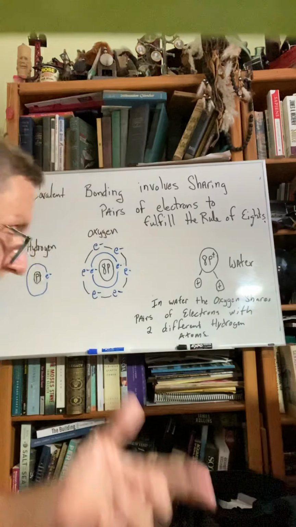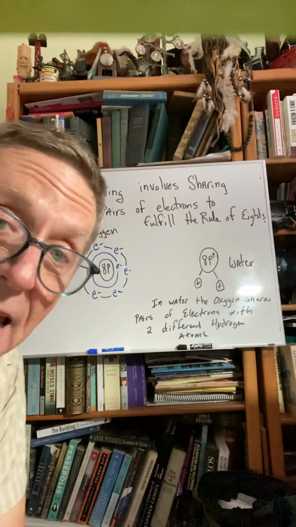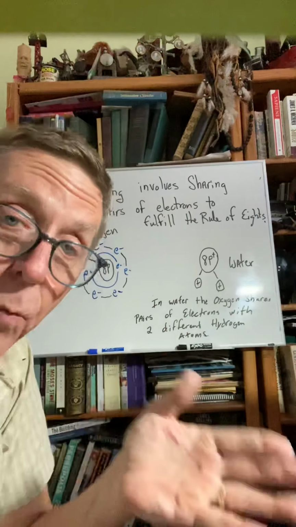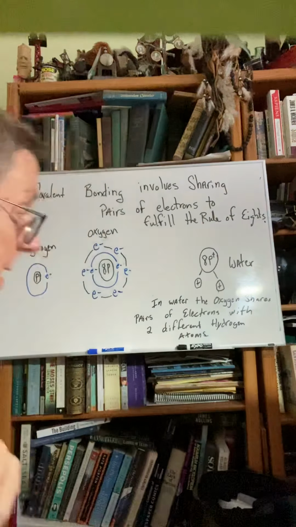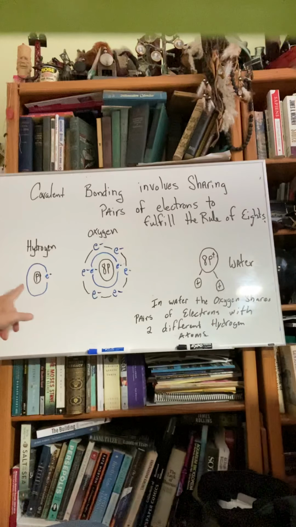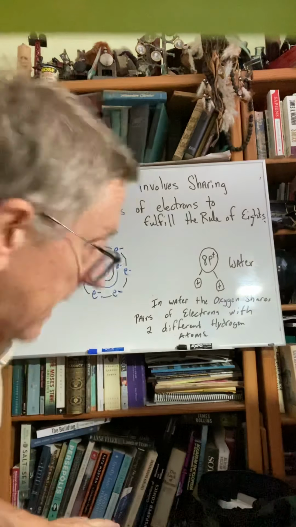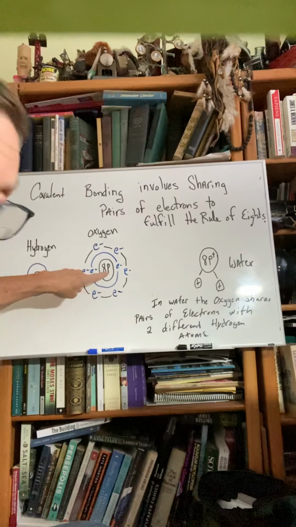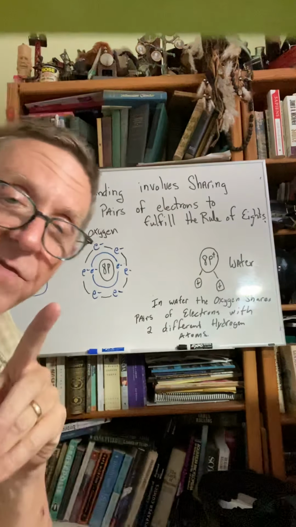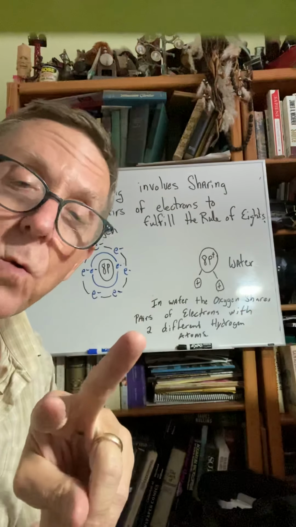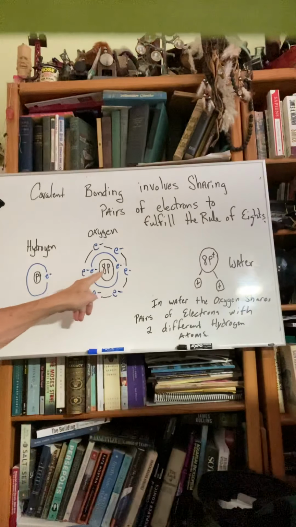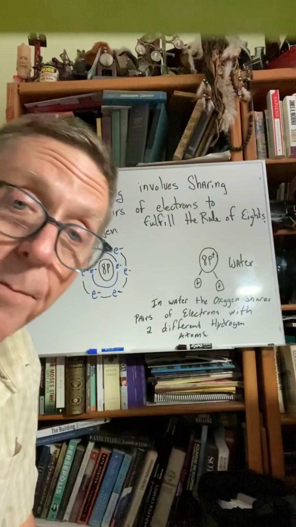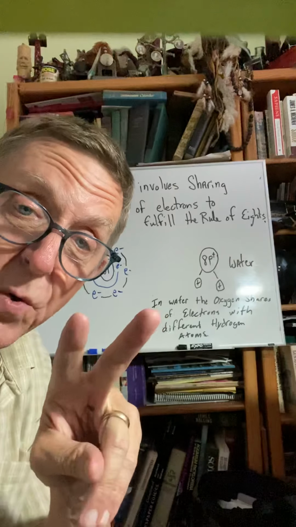It needs one to be filled because the inner shell only holds 2 electrons. All the other ones that we're worried about hold 8. But anyway, the hydrogen has just a single electron in its outer shell. Now the oxygen, on the other hand, has 8 protons. And so if we say, okay, 2 inner electrons, and then that leaves 6 outer electrons, it needs 2.